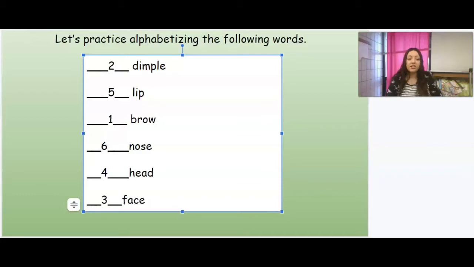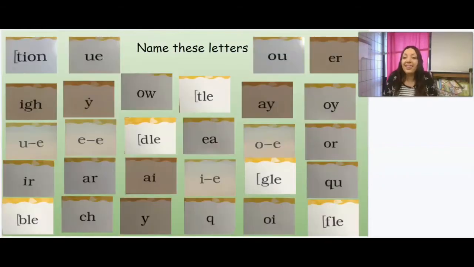Okay. All right. So now if I look at my letter cards, let's go ahead and name these letter cards. Are you ready? So I'm going to start with, this is the hard one, final syllable T-I-O-N. Then I have digraph U-E, diphthong OU, combination ER, trigraph IGH. What about this one? It's got a dot.